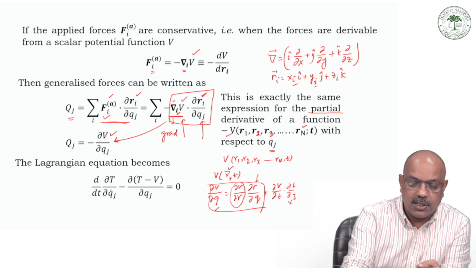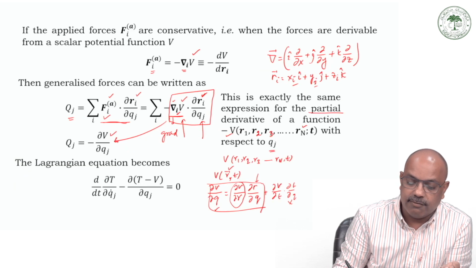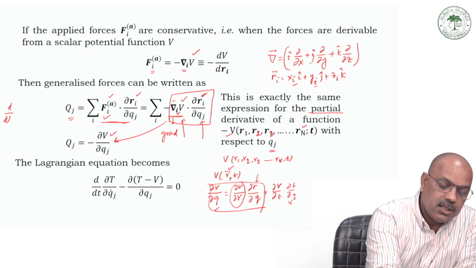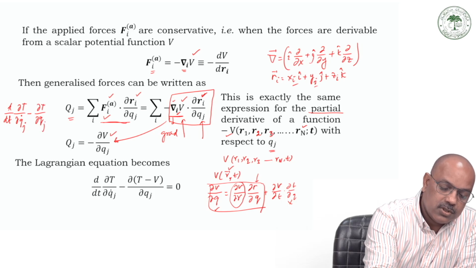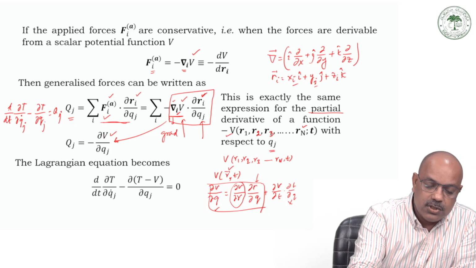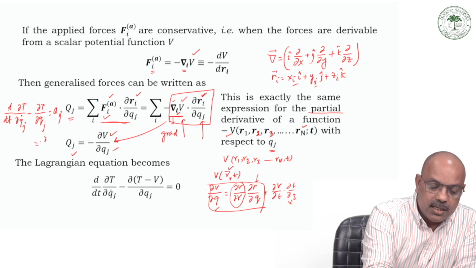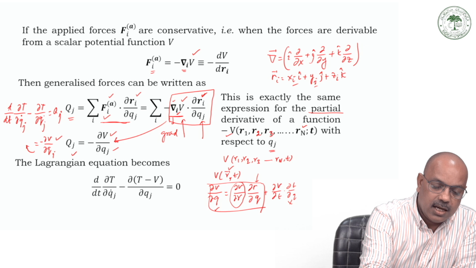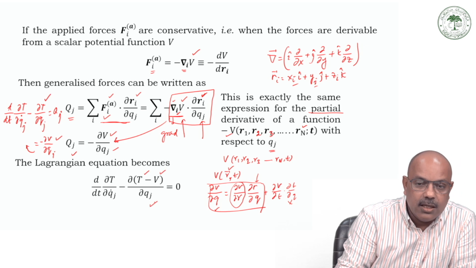So when we put this in, if you remember the earlier expression, d/dt of del T by del q dot j minus del T by del q_j was equal to Q_j. Now if I put in place of Q_j this minus del V by del q_j, I can take this to the other side, so this is going to be T minus V and del q_j.